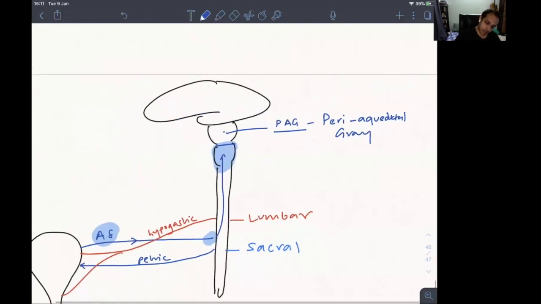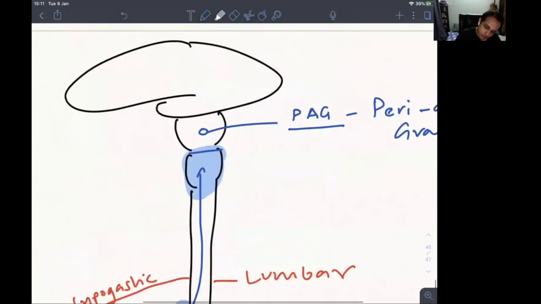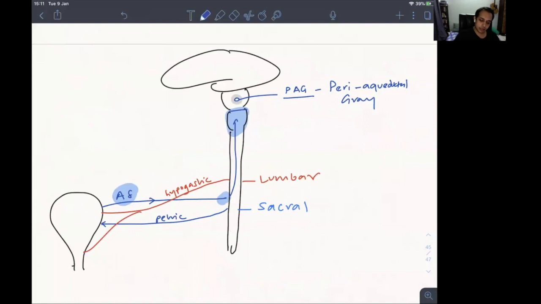So there is an aqueduct, and right around the aqueduct, there is some gray matter. So that is known as periaqueductal gray. And this sensation actually goes up to the periaqueductal gray.